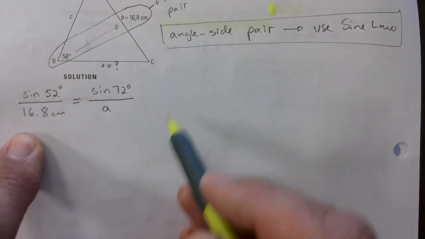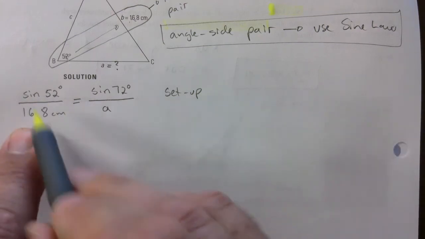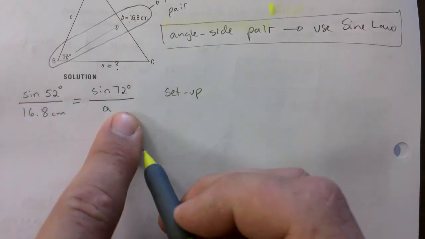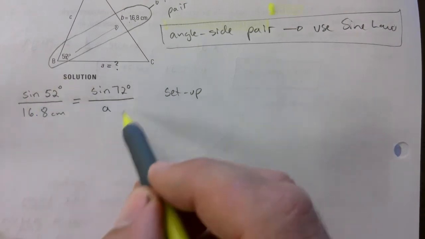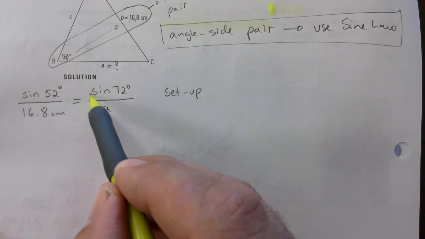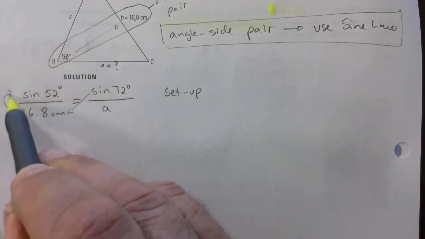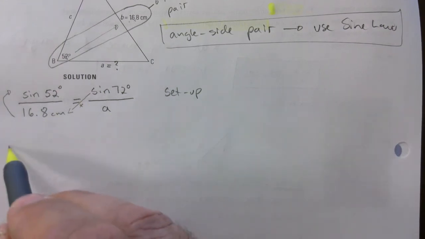So you set it up like that. Angles and sides, right? And when you have this, we call that a proportion. You will cross multiply and you will divide, just like before, but you need to show me the work.